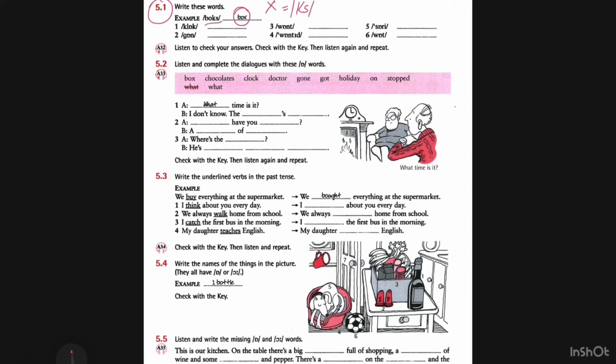So then you have to complete here the words with the correct spelling. So I have clock, gone, want, wanted, sorry, what. Okay? In 5.2 you have to complete the dialogue with the words that you have there. All of them are O. Okay? So let's see if you can see what you have to do.